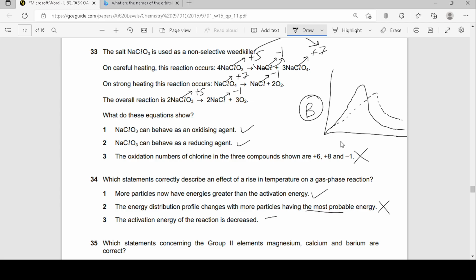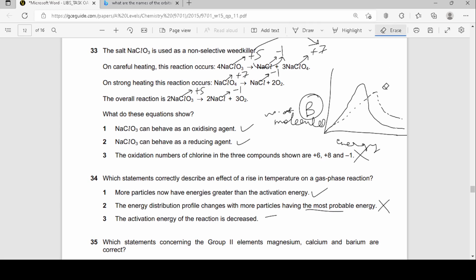This is my energy and number of molecules, roughly I'm labeling it. So what is the most probable energy? The most probable energy means the peak. That means the most number of molecules have this energy. Initially this was my most probable energy, but now the peak has lowered, so that means the number of molecules at the most probable energy has lowered as well.